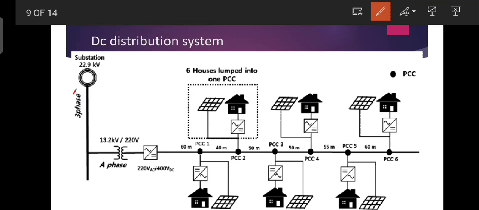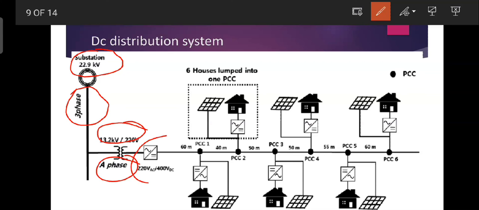So there is a three-phase transmission system, and this is the substation of 20.9 kV or 22.9 kV, and there is a step-down transformer of 13.2 kilovolt to 220 volt, a single phase I think, and then this AC can be converted to DC by a converter, not an inverter, it is a converter.